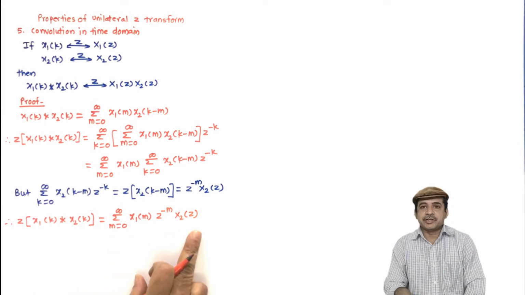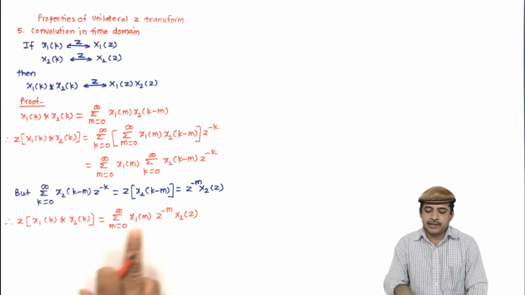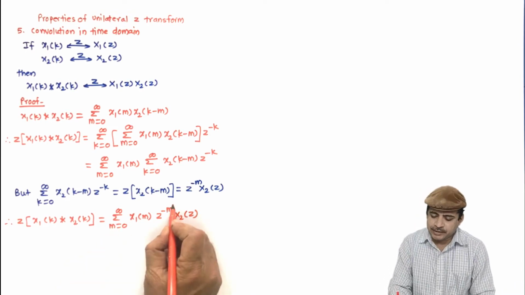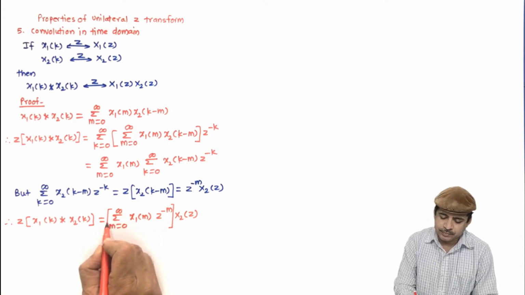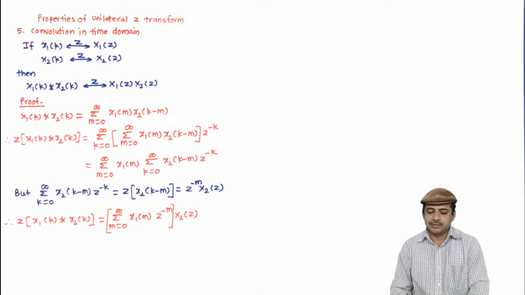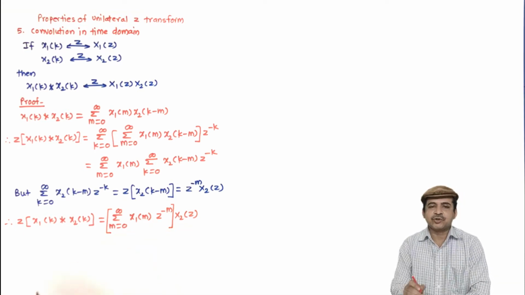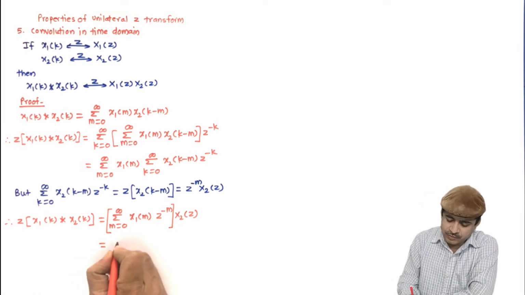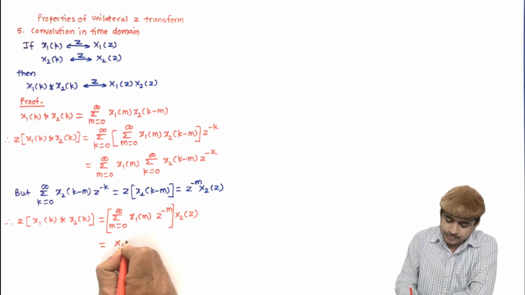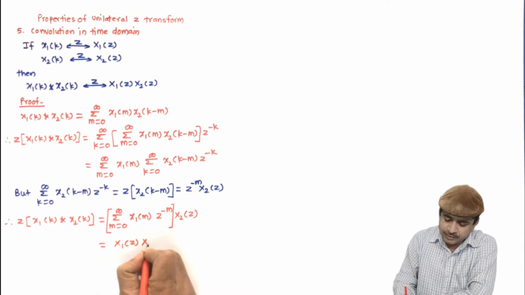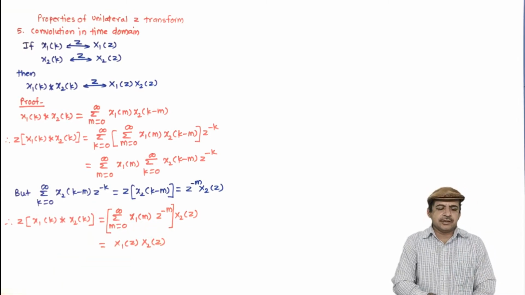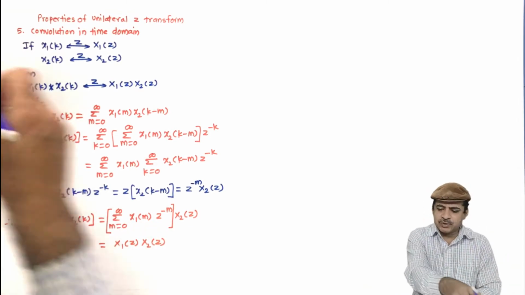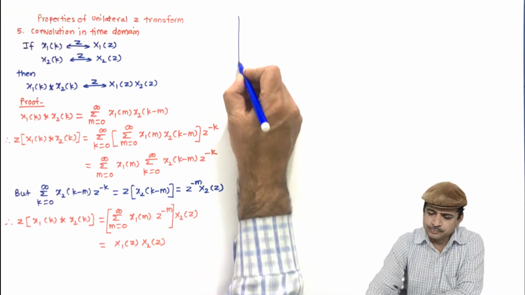Now in this expression x2 of z is not having any variable m, so I can take it out and I will put here a bracket. This is possible. And what is this? This is x1 of z, which is equal to say x1 of z into x2 of z. Hence proved. And what is the applicability of this? Let us find its applicability also.